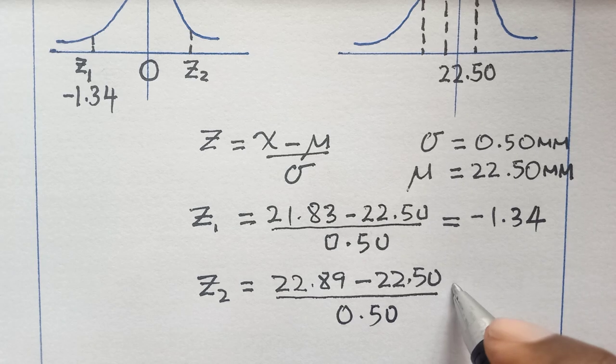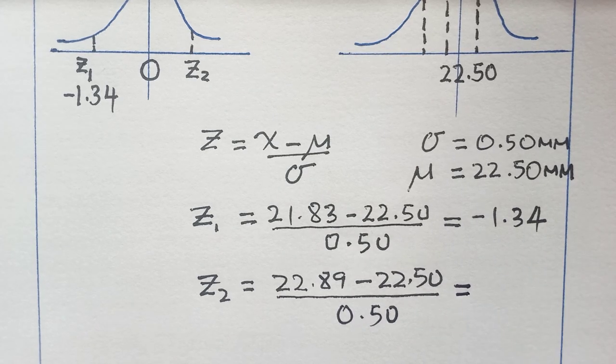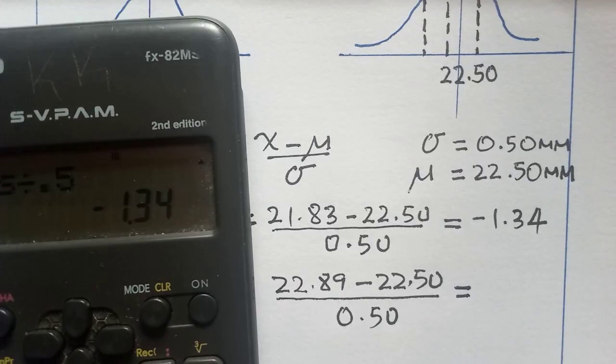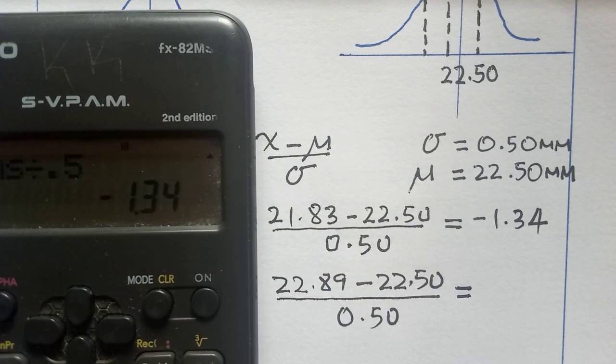So we can check: 22.89 minus 22.50 equals that, now divided by 0.5 equals 0.78.